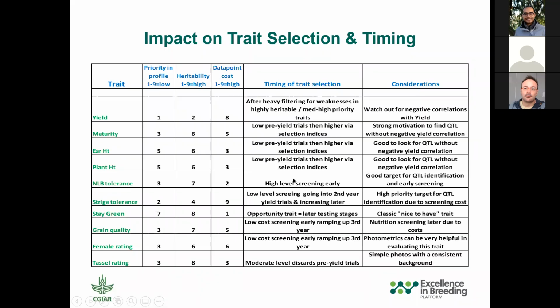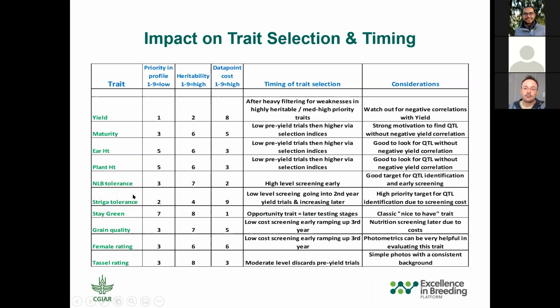You should not be advancing it. You've got a 1 to 9 scale, and 9 is the best, then anything with a 5 or less is a discard. Again, before you get to yield trials, if you're generating dihaploids with fingerprinting, then QTLs could really be helpful in this process. Contrast that then maybe with Striga.